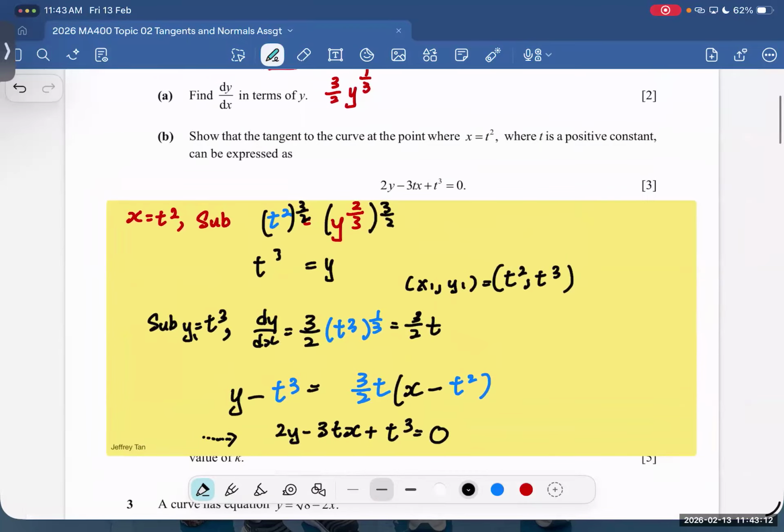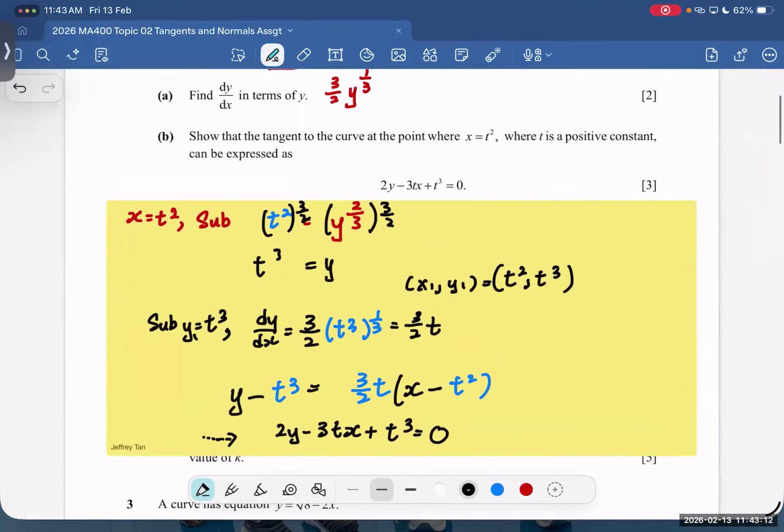Now, I want the tangent in B to pass through the point (2, 2). What it means is you will substitute x equals 2, y equals 2 into the equation. So it's 2y minus 3tx plus t cubed equals 0. So you have 4 minus 6t plus t cubed. Did I get it correct?